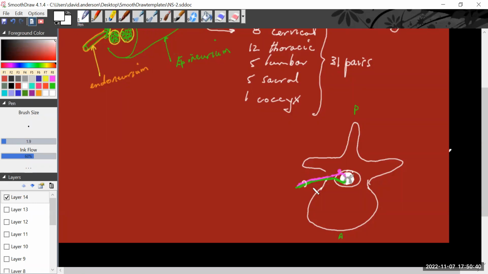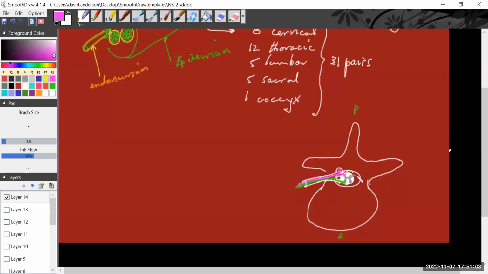So our spinal nerve has a motor component to it and a sensory component. It splits right before the spinal cord into the anterior root or the ventral root and the dorsal root with the dorsal root ganglion. And it's doing the same thing on the other side.